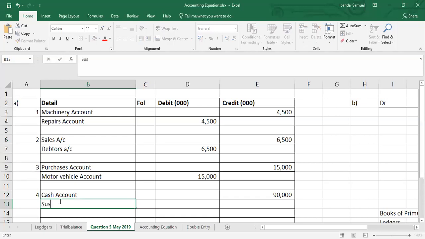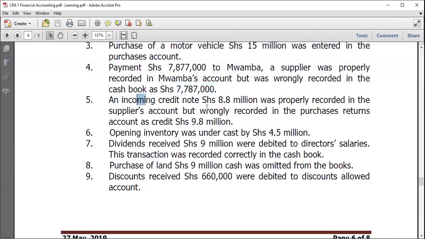And the alternative account that we shall debit is the suspense account. The reason why we debit the suspense account is that the question itself has told us clearly that the other account was properly recorded in Mwamba's account. So it means that this error is corrected by the suspense account.